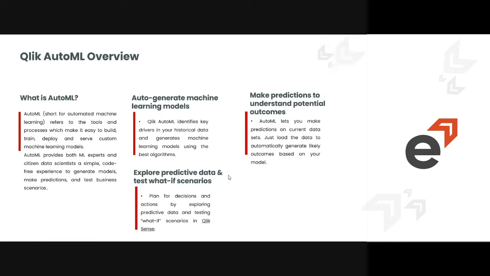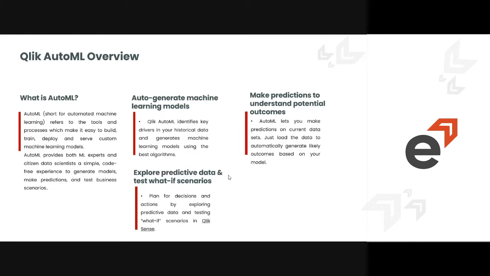Now, what it covers is auto-generating machine learning models. It identifies the key drivers in your historical data. When you train the data, it identifies everything, and then it generates the best algorithm for you out of the training data set. Then it helps you make predictions to understand potential outcomes. It lets you make predictions on current data sets.